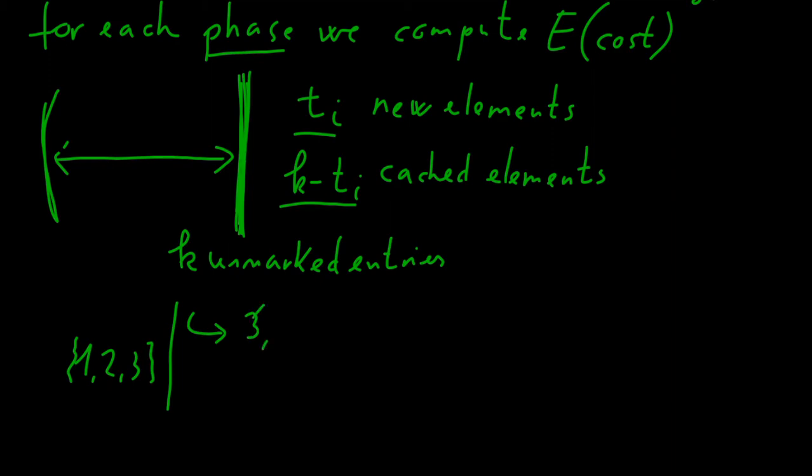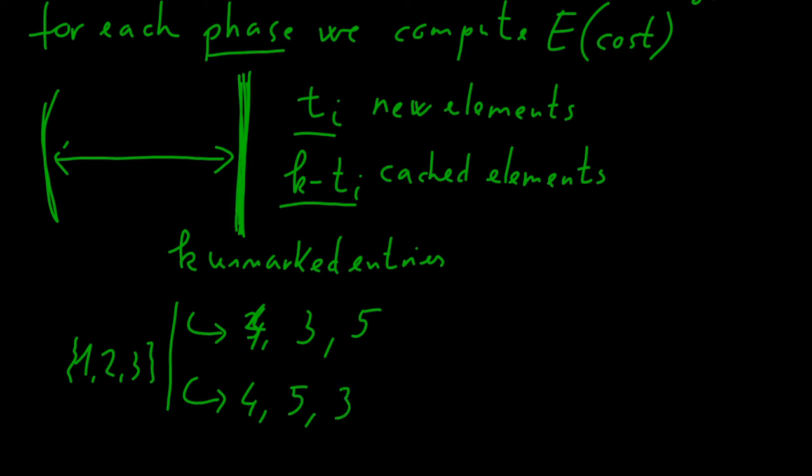No, it's not a possibility, because the first element is always a new element. So I get the 4 first, and then I get the 3, and then I get the 5, say. Or another option is I get the 4, get the 5, and then I get the 3. So that's 2 different inputs.